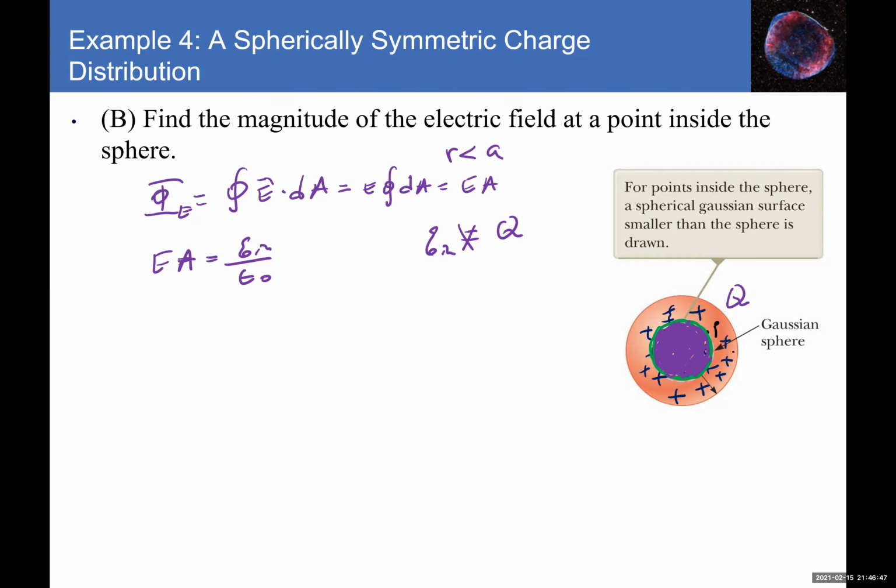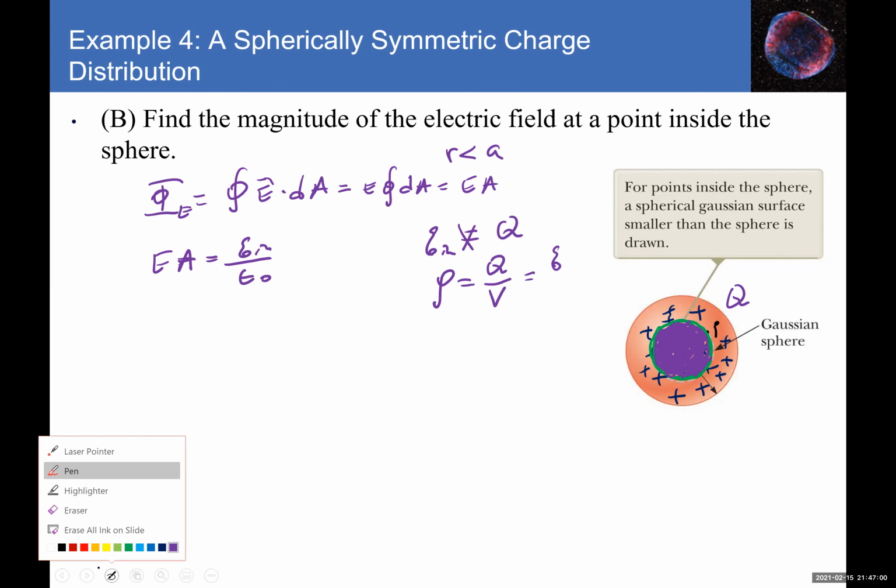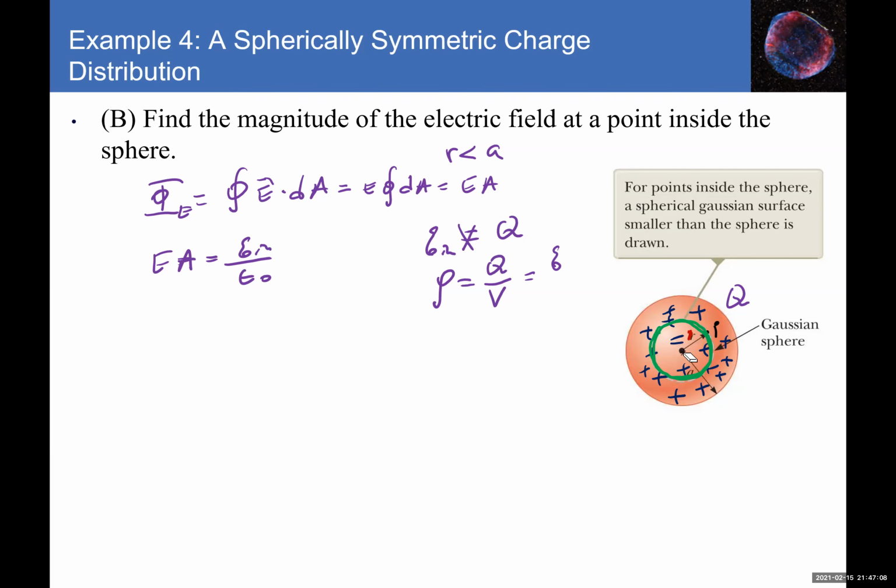And to do that, we use this rho, which is the volume charge density. Remember, this is total charge over total volume. Let me say that, for example, the charges that I have inside my Gaussian sphere, I'm going to present as Q prime. Okay.